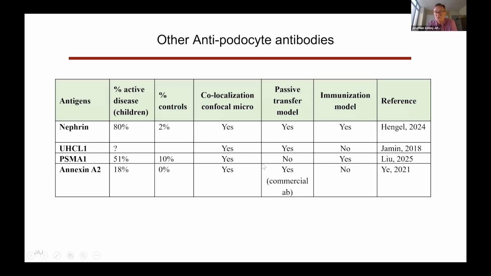So there's certainly supportive evidence for a number of these antibodies. As we can tell, we're still at early stages finding out just how pathogenic each of these antibodies is and whether we get one or more of these antibodies in individual patients.